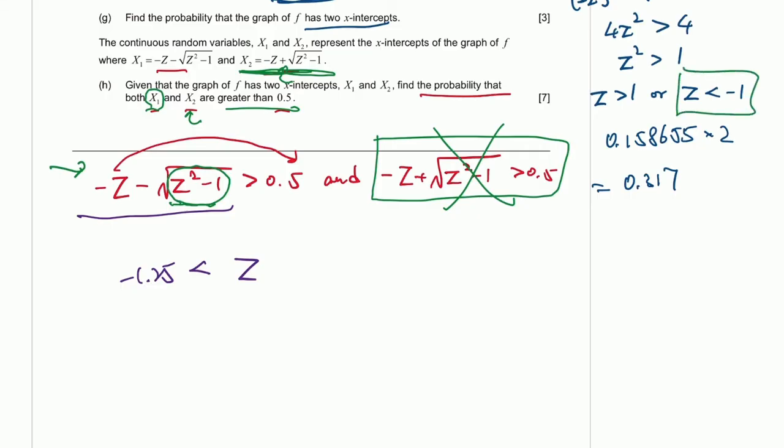Z also need to be less than minus 1. Okay? So this is the condition for x1 to be greater than 0.5. And if x1 is greater than 0.5, x2 is also automatically greater than 0.5. So we want the probability of that.